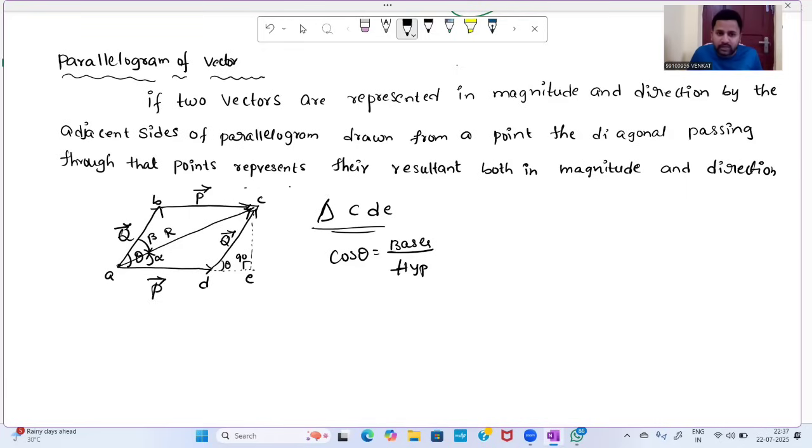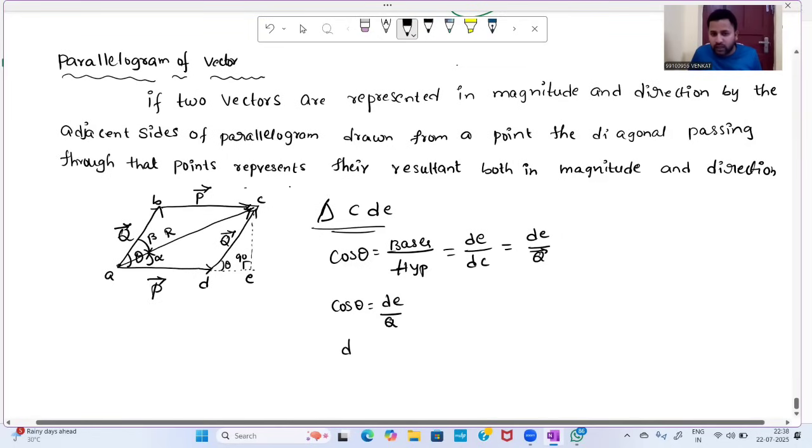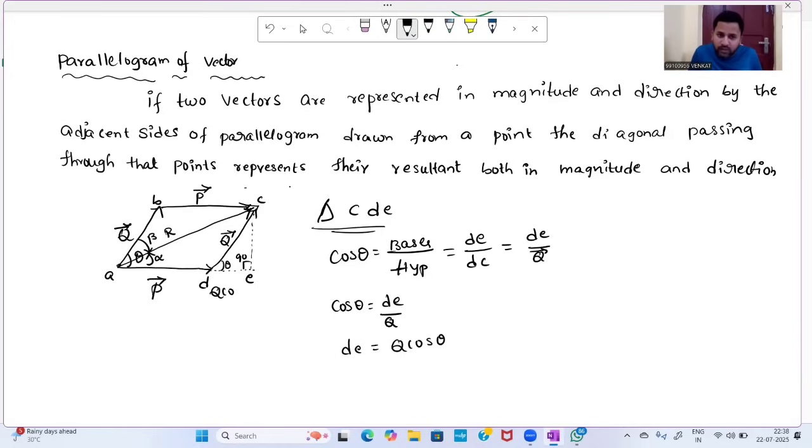The opposite side CE is the perpendicular, and the side making the angle with the hypotenuse is the adjacent side, which means it is the base. So we can write cos theta equal to DE by DC. Here DC represents the Q vector. So cos theta equal to DE by Q. Then DE equals Q cos theta. So now we got Q cos theta.